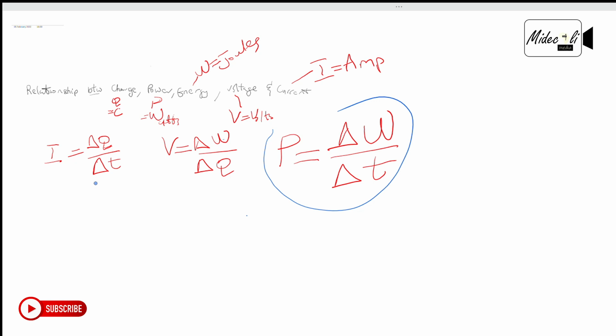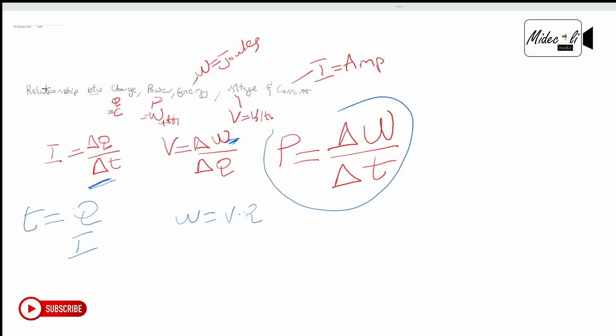First things first, we make T the subject of the formula here, and we make W the subject of the formula here. Doing that, we have T is equal to Q over I, because I cross multiplies these, then we divide both sides by I, or multiply both sides by T, right? Here, making W the subject of the formula, it becomes W is equal to V times Q, voltage times charge.